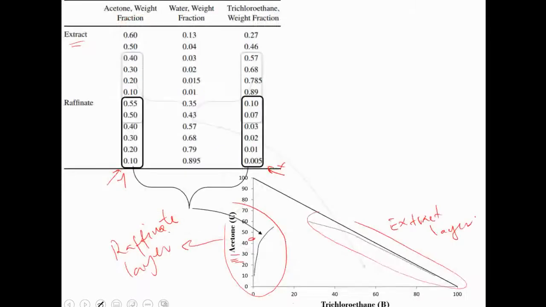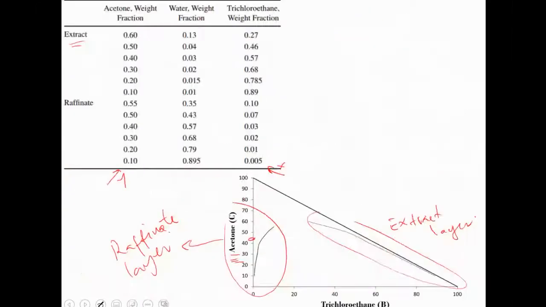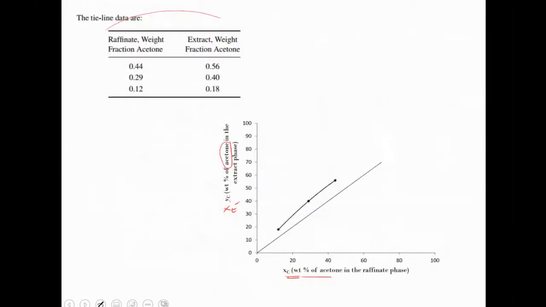If you see it, it's around 0.55. So E1 is 0.55. So XE1 is equal to 0.55. From equilibrium, I can get XR1. Okay, so for XR1, I go to the diagram here. This is the extract, so it's 0.55. I go here. So it might be 0.4 something, 0.41.